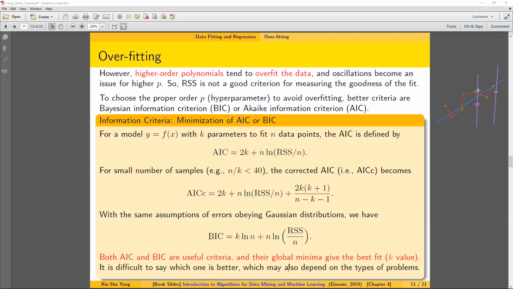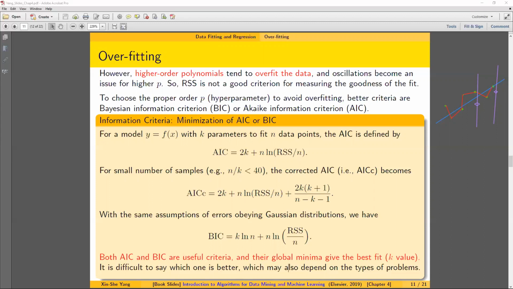So in other words, it cannot be generalized. We will have some discussion on bias and variance. It's called the bias and variance trade-off.